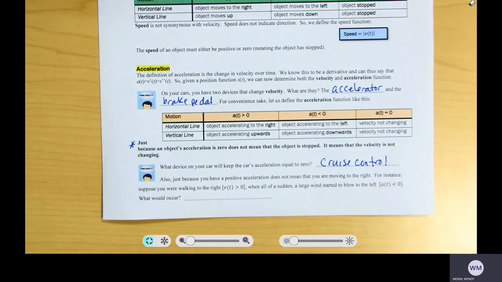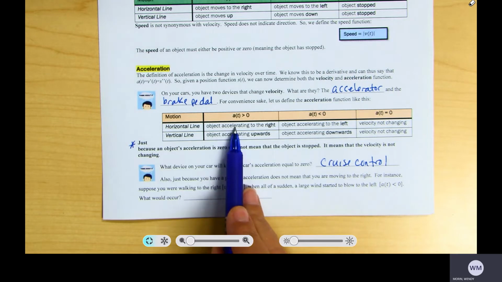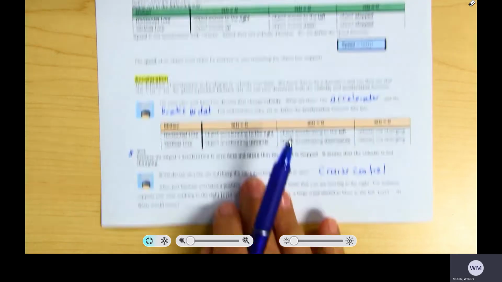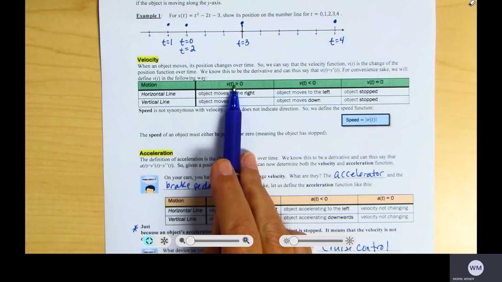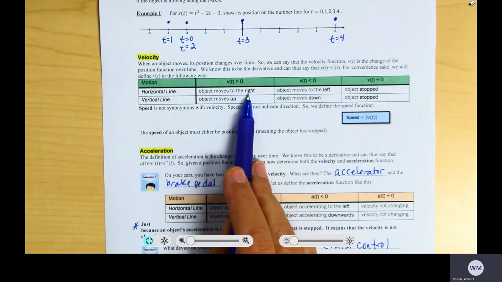If you're going 45 miles an hour, and your cruise control stays at 45, your acceleration would be zero. Also, just because you have a positive acceleration does not mean that you are moving to the right. Positive acceleration means you're accelerating to the right. A positive velocity means you're moving to the right.